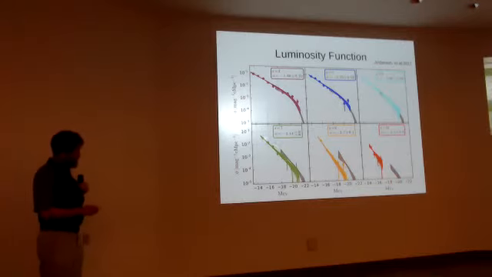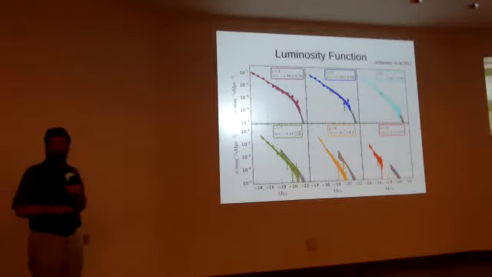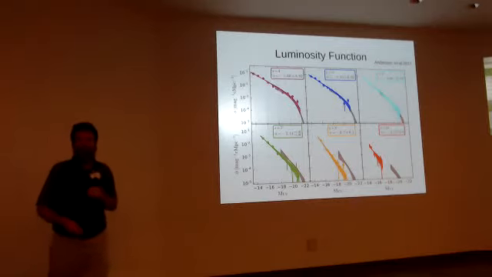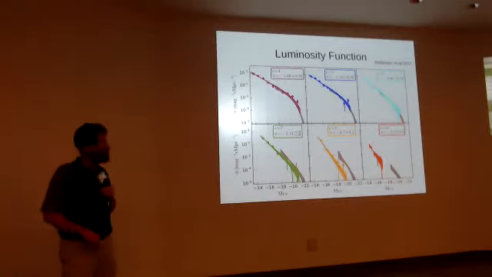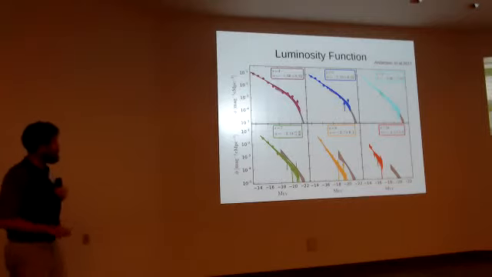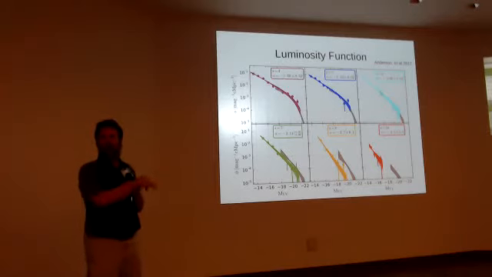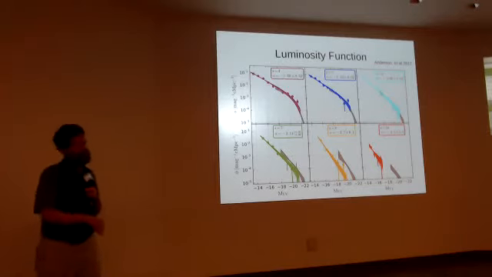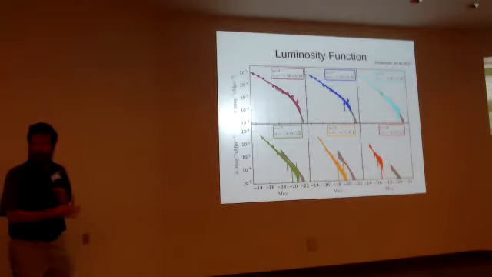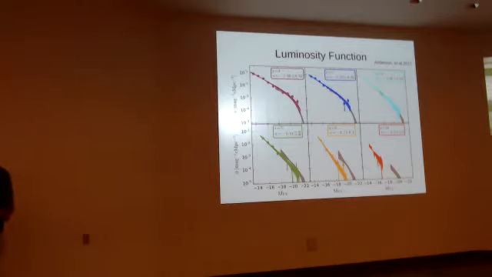But what we learned from this is that it looks like the mass function continues to rise toward fainter galaxies. And this is interesting because notice the slope parameter, when alpha hits -2, that means that most of your stars are in small galaxies, which means most of your photons are coming out of small galaxies.